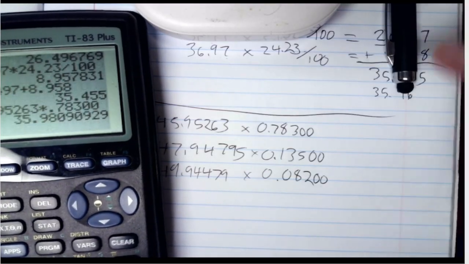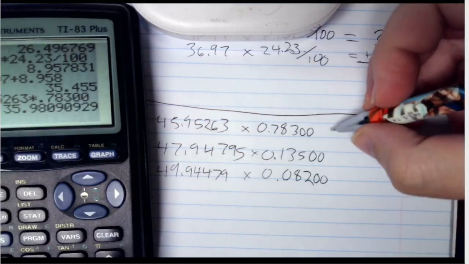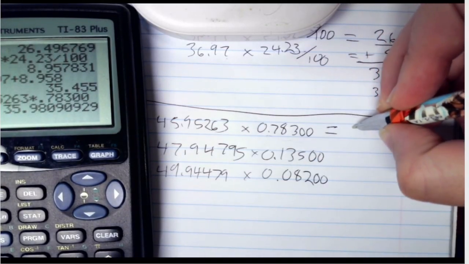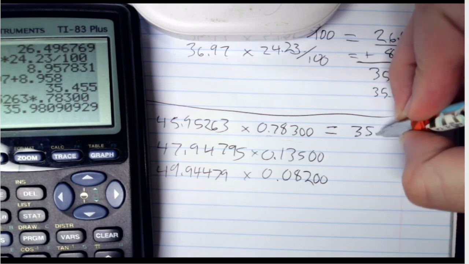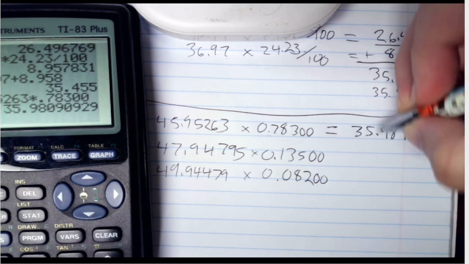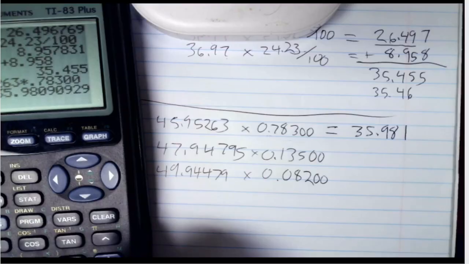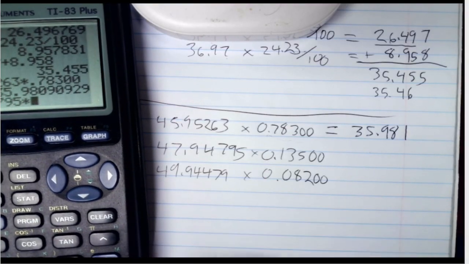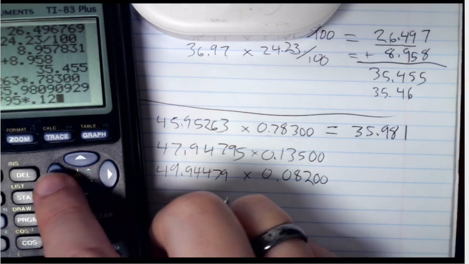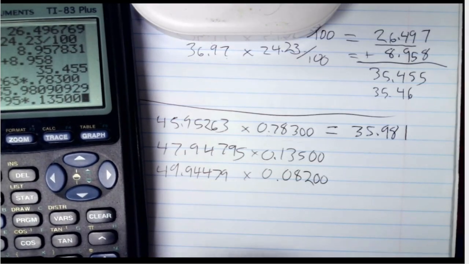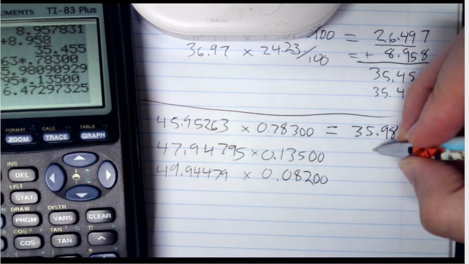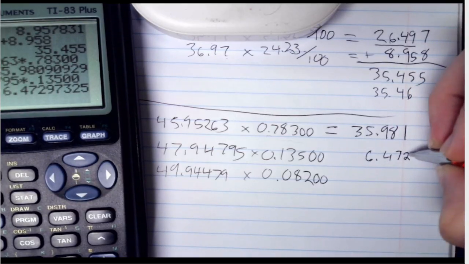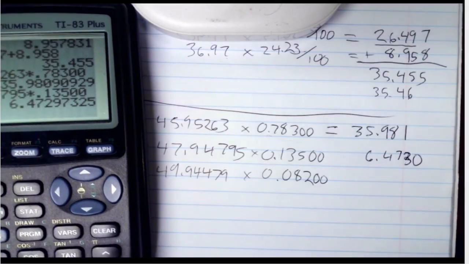45.95263 times 0.78300. Keeping all these to about 5 decimal places based on sig figs, that's just about 35.981. Then 47.94795 times 0.13500 gives me 6.4730.